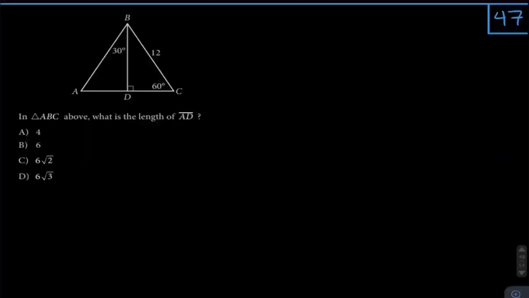So the next problem we have is: in triangle ABC above, what is the length of segment AD? Okay, so for this, we can see there's two right angles right here. And you should already be able to see that we have a 30, 60, 90 triangle, right?